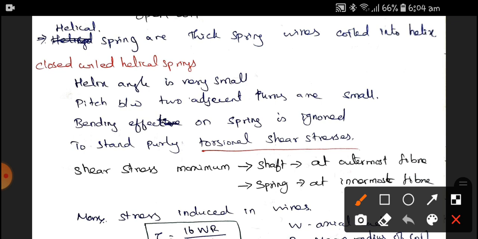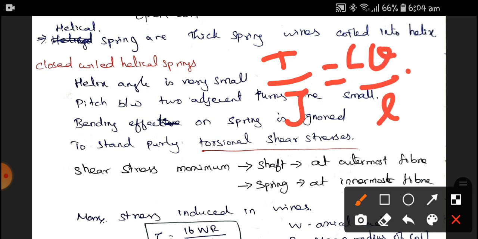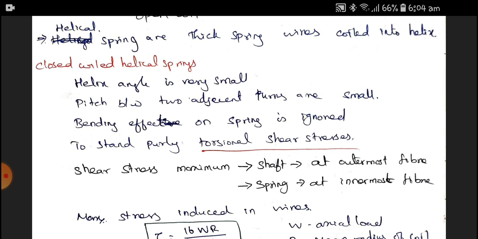The springs as well as the shafts work on this equation: T by J is equal to C theta by L is equal to tau by R. T is the torque, J is the polar moment of inertia, C is the shear modulus, theta is the angle of twist, L is the length of the spring or shaft, tau is the shear stress, and R is the radius.